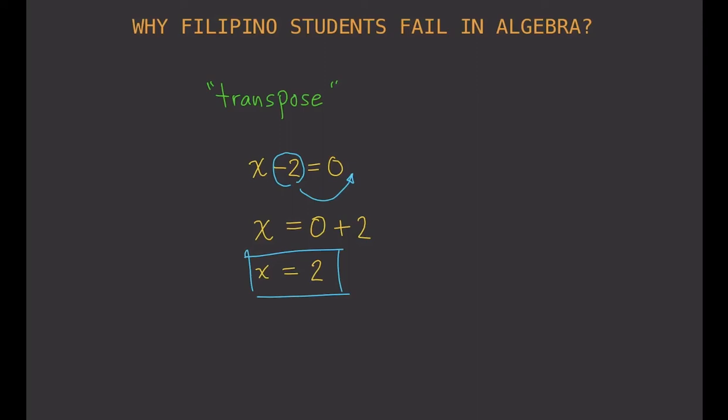So now, if this is wrong, then why do we get the correct answer when you use this sort of magical move? If you only know the reason why this works, then there's no reason to call it transpose or transposition. Now, the sad reality is that teachers don't explain the reason enough. And students also don't even care enough as long as it gives them a correct answer.